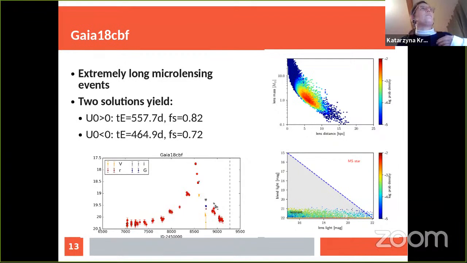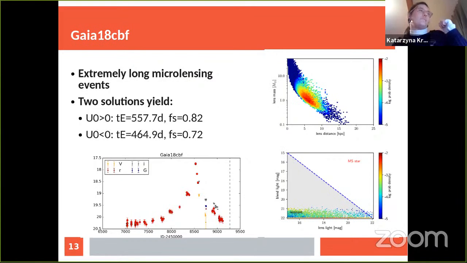Via modeling, we found that there are two solutions. Both of them have timescales of around 500 days, and 70 to 80% of the light is coming from the source.